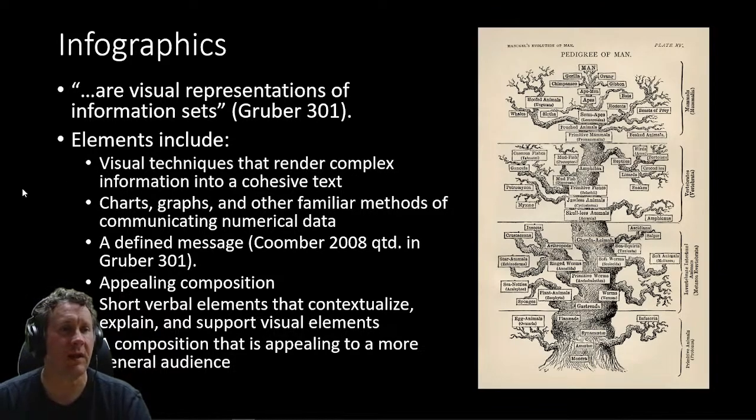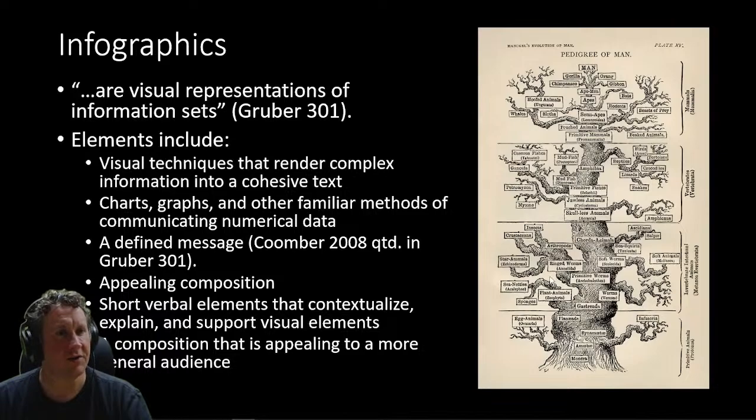Okay. In addition to the visual elements, there's also very short pieces of written information. This is important because we'll look at some examples. Notice that all the written pieces are very short. The focus is clearly on the visual information, right?